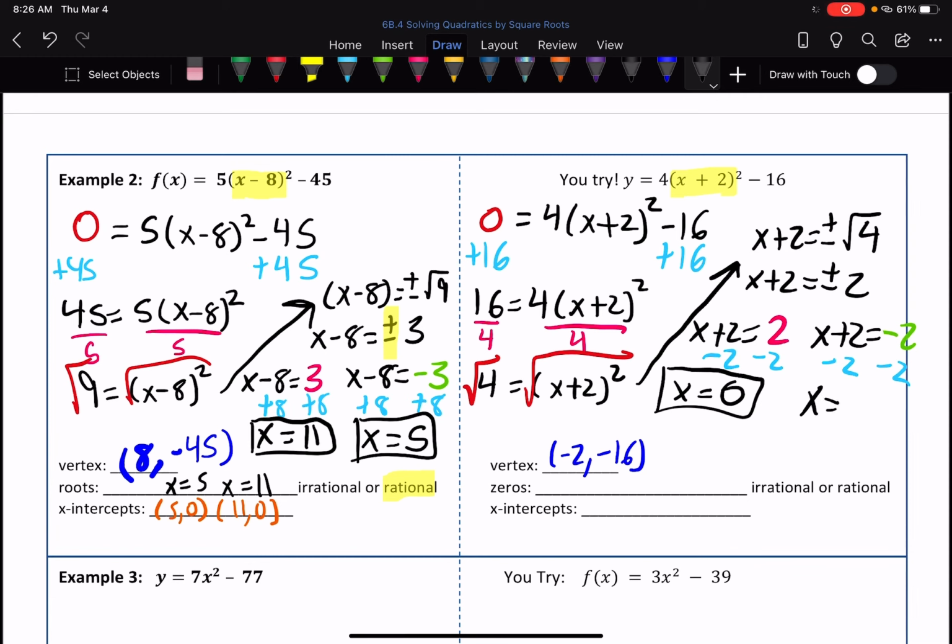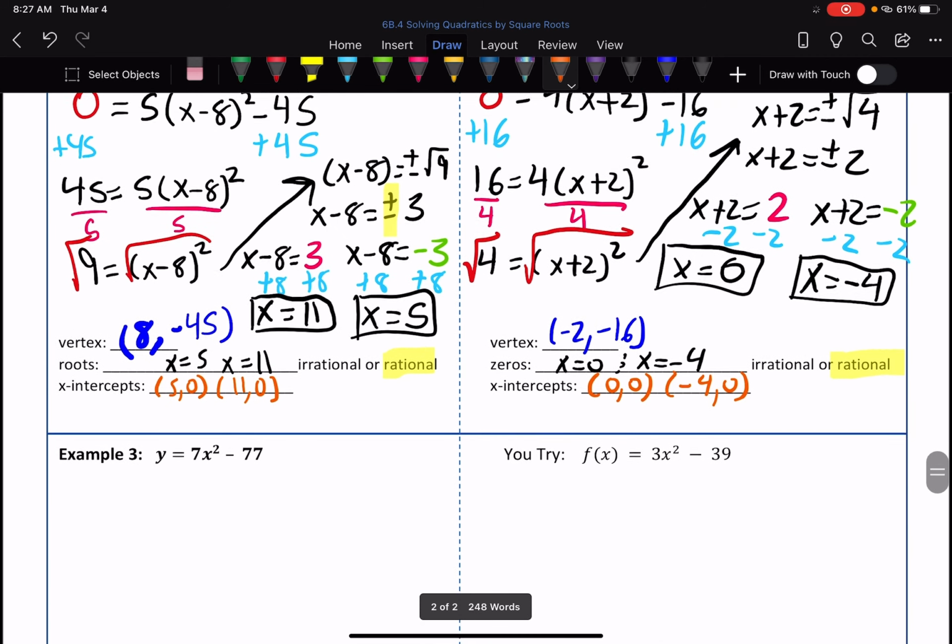That's going to give us an x value of negative 4. So my zeros in this case are x equals 0 and x equals negative 4. Both of these are integers, so they can be written as fractions or as ratios, so they are rational. And our x-intercepts are at 0, 0, so the origin, and negative 4, 0. All right, we will look at example 3 and example 4 in the next video.